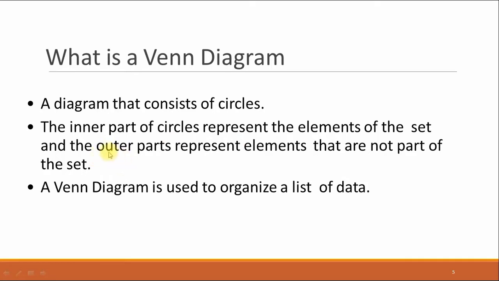In a Venn diagram, we represent sets by circles. A Venn diagram is used to organize a list of data. Again, I want to repeat: in a Venn diagram, we represent sets by a circle and represent the universal set by a rectangular shape.